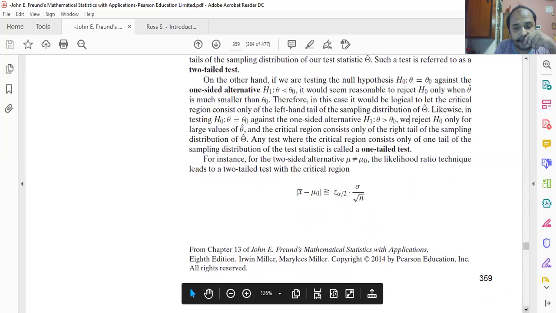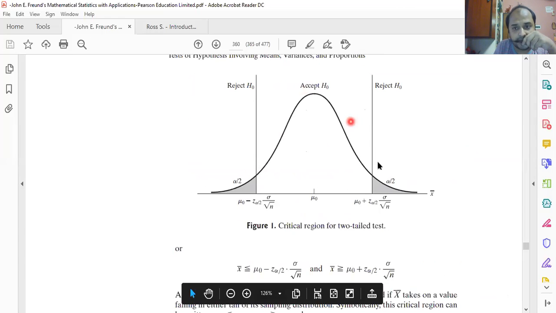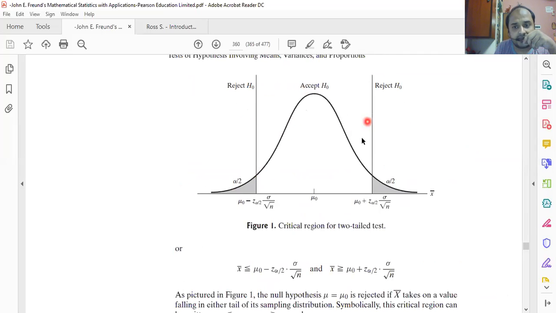In my last class, I showed you this particular picture in a very crude form: this is the acceptance region and this is the rejection region. For a two-sided alternative, there are two rejection regions, one on the left-hand side of this quantity and another on the right-hand side.